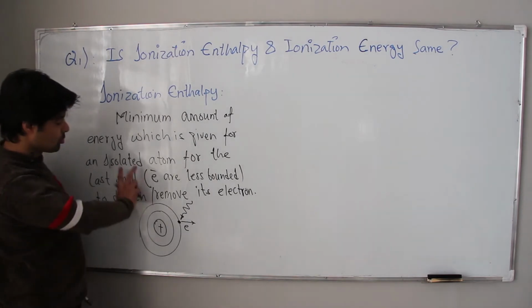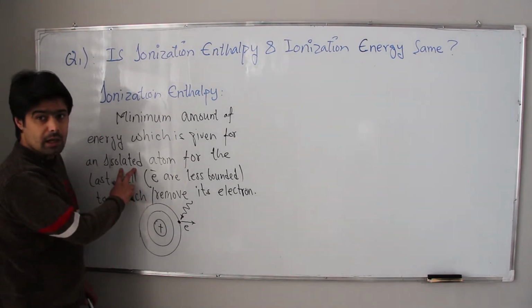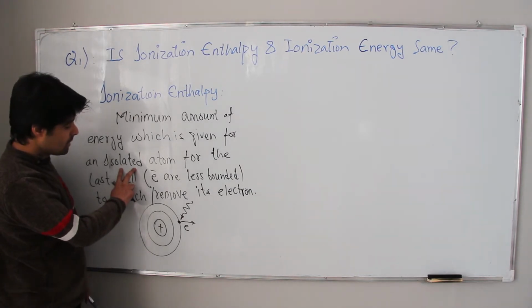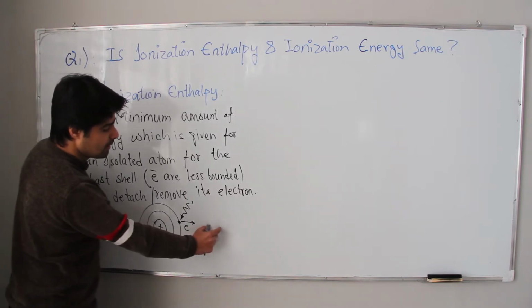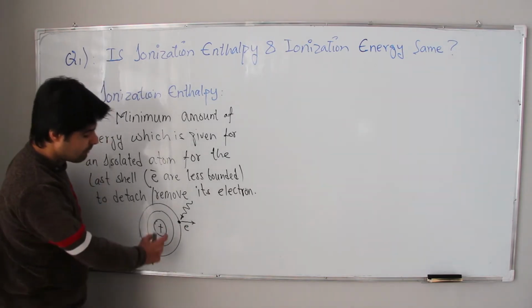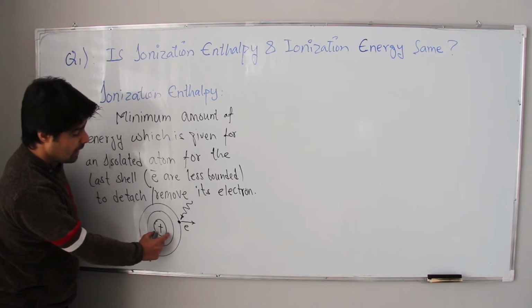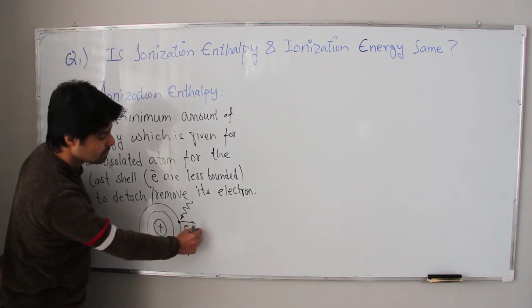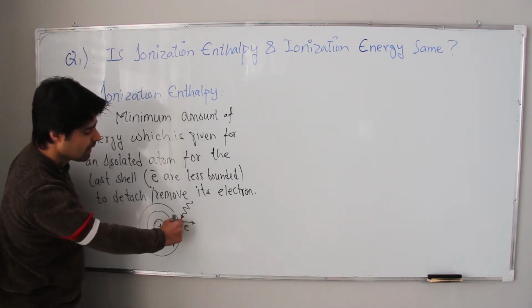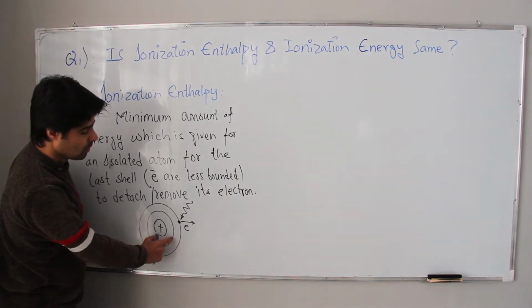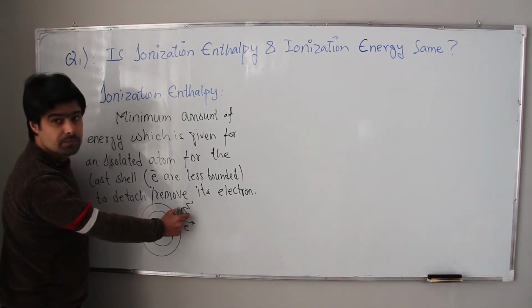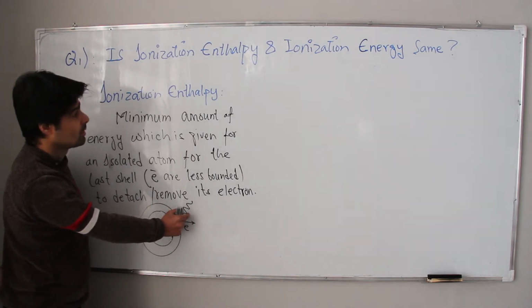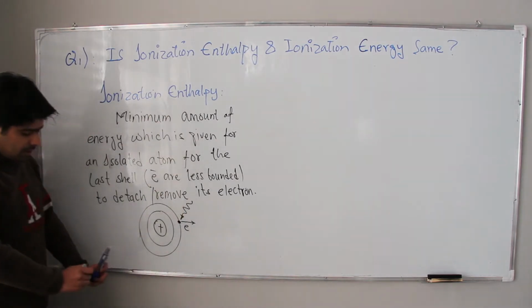It means it should be in gas state, and also it should be individual. It means there shouldn't be any bond between one atom and the next one. We should have an individual atom, and I want to remove the last electron, whatever energy I am giving to the atom. So this amount of energy, which is less, which is not much more, is called ionization enthalpy.